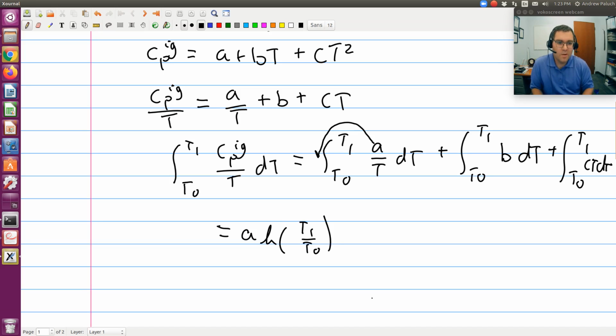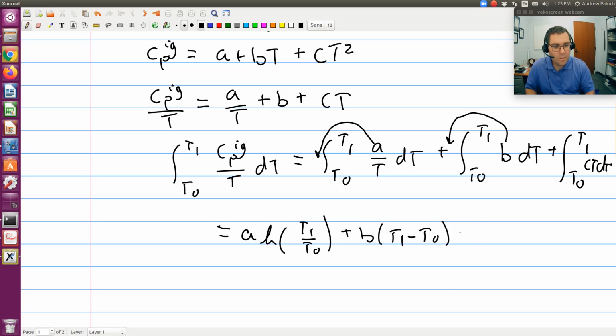A log T1 minus log T naught becomes a log ratio. Plus, B is constant, pull it out, and the integral of dT gives B times T1 minus T naught.